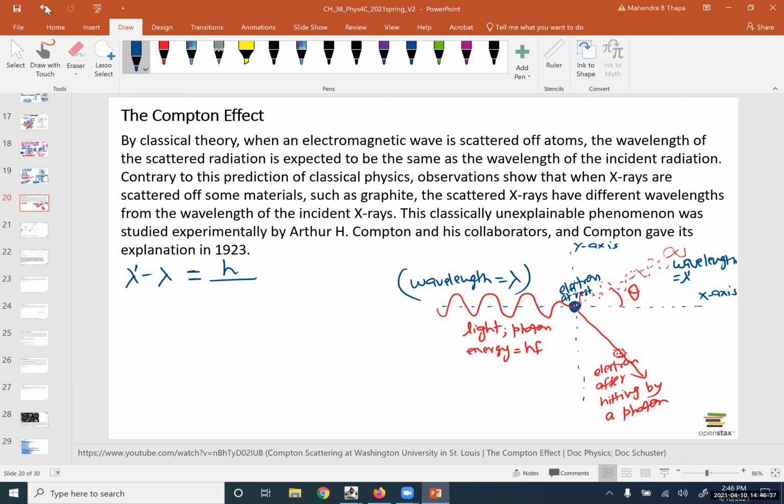In this picture, lambda is the initial wavelength of the photon, and lambda prime is the wavelength after scattering.